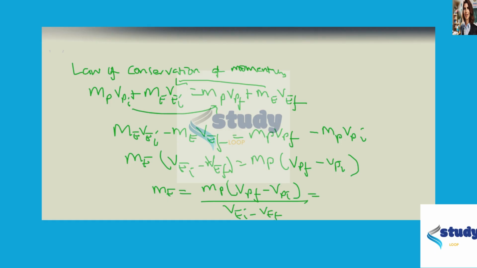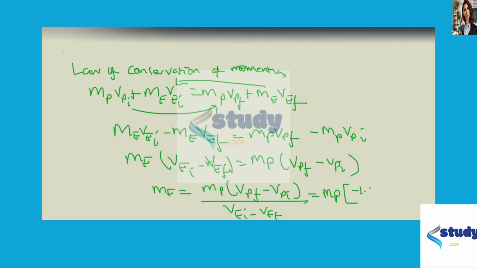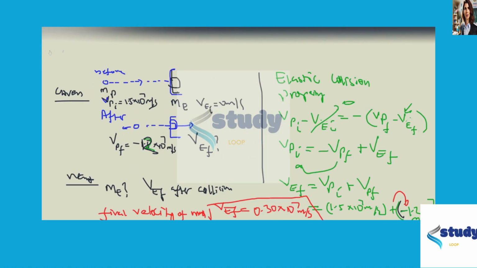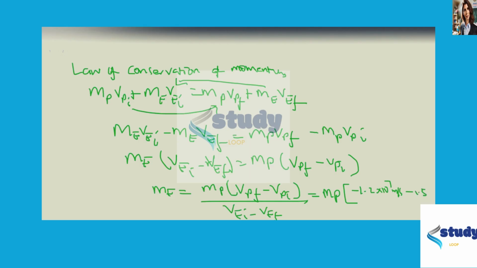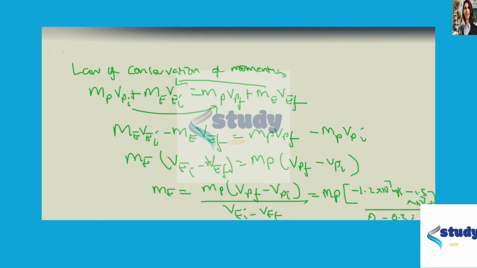If we plug in the numbers, we get the mass would be Mp times the final velocity of the proton, which, if you recall, is negative 1.2 times 10 to the 7 meters per second, minus the initial velocity, 1.5 times 10 to the 7 meters per second, all over the initial velocity of E, which is 0, minus the final velocity of E, which we just got, 0.3 times 10 to the 7 meters per second.